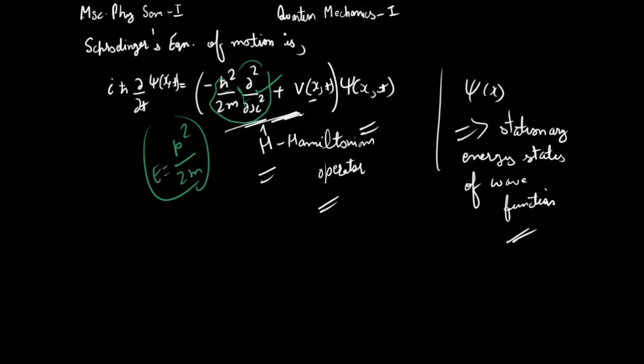We know that. And how do we know that this is the energy? This is the energy in the non-relativistic case. That is the case when we are considering a wave function.